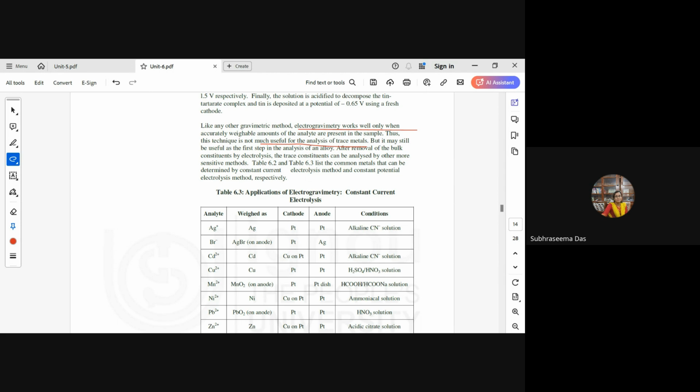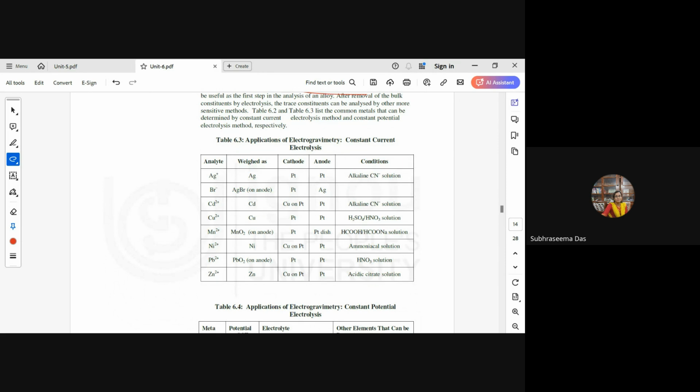So here in tables 6.2 and 6.3, some examples of applications are given. In table 6.3, the applications of electrogravimetry where constant current is used are listed. As you can see, the analyte is Ag+, it deposits as Ag, and platinum cathode electrodes are employed, and the conditions are maintained as alkaline cyanide solution.